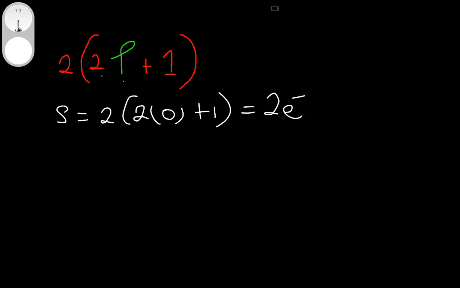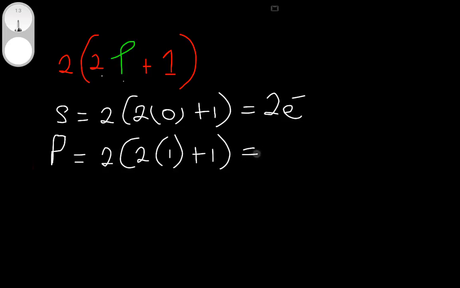Now our P, which has quantum number 1, will be 2 times (2 times 1 plus 1). If we solve that, 2 times 1 is 2, plus 1 is 3, times 2 will be 6. So our P can carry a maximum of 6 electrons.